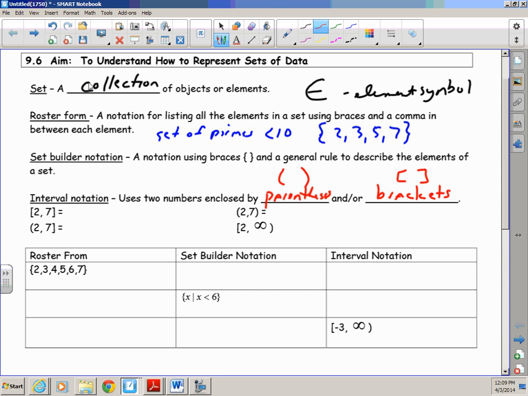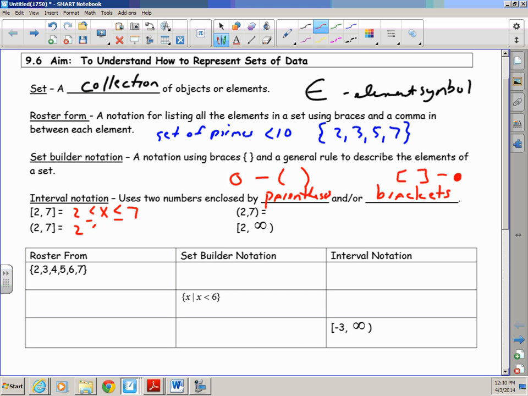Now, the parentheses are like our open circle, and the brackets are like our closed circle when we were doing inequalities. Okay, so for example, 2 bracket 7 would be x is greater than or equal to 2, less than or equal to 7.